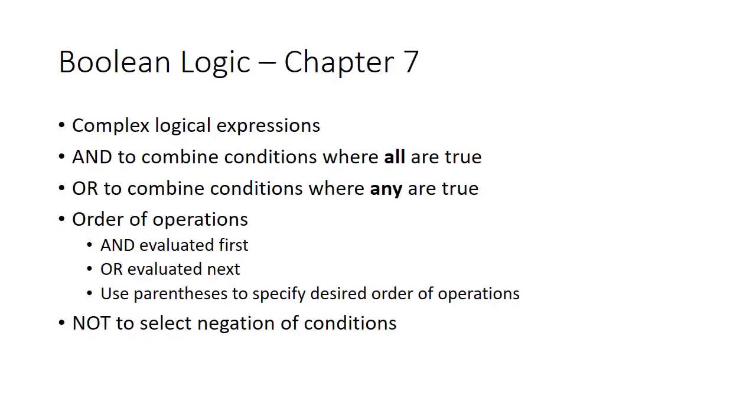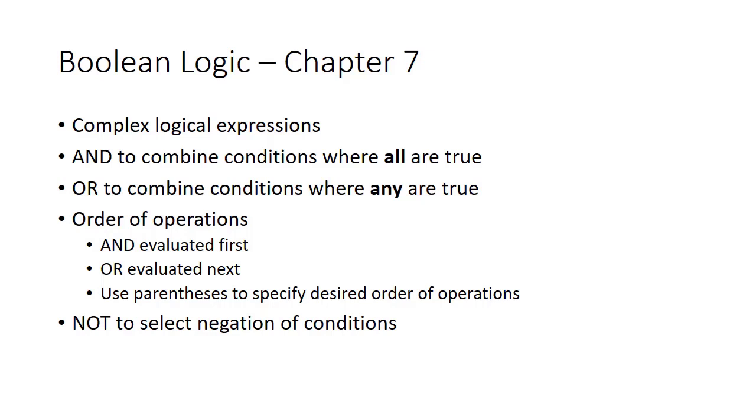Boolean logic, in Chapter 7. Those are the keywords that will let us write more complex logical expressions in our where statement. We will use and to combine conditions. When we use and, that means we want all of our conditions to be true. We can use or to combine conditions. That's going to be where any are true.